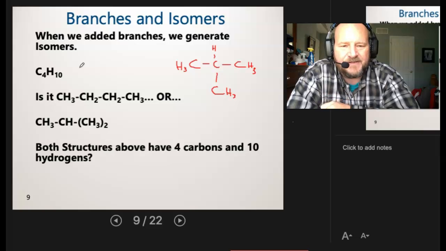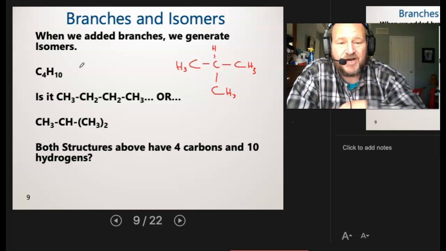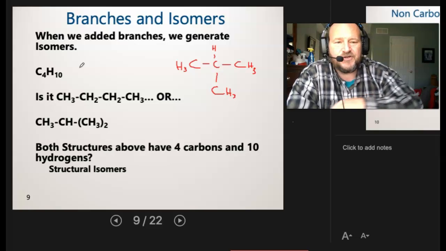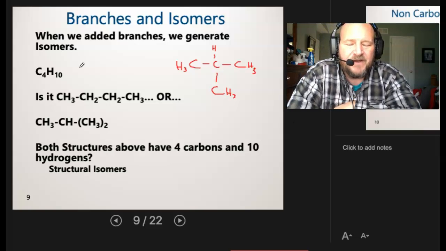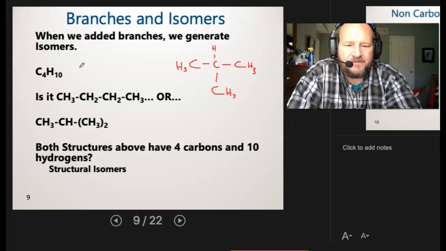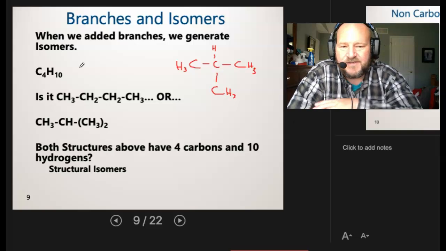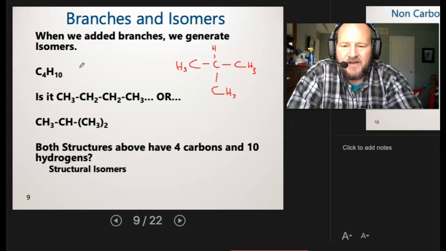Now, when that happens, so we have the same molecular formulas, however, the atoms are connected differently, we call those structural isomers. Now, if you decide to do some of this on your own and you type isomers into Google, be very, very careful because you can get into a whole section of trouble here that's well beyond the scope of what you need to know.